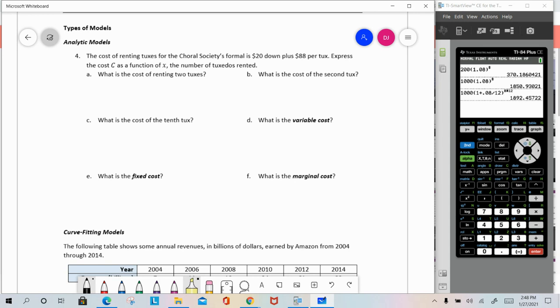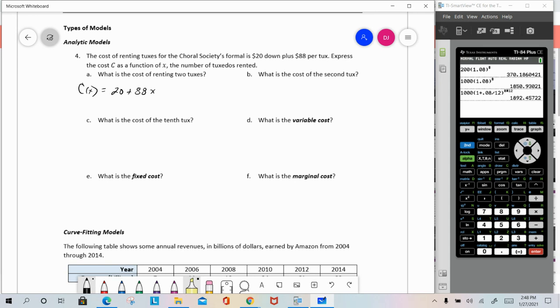I'd like to believe that this is not going to be too difficult to say that the cost for renting x tuxes is going to be $20 plus $88 per tux. Okay.